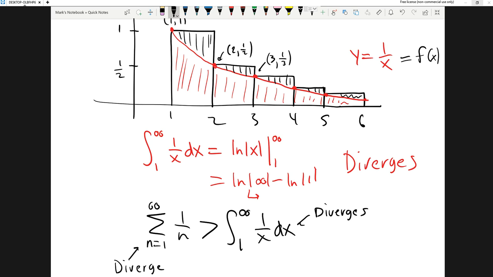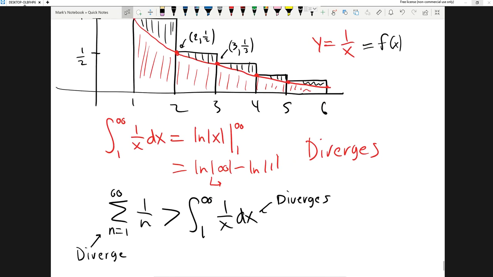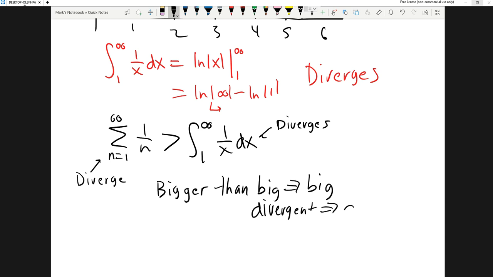In this case, it was very clear that the series had much larger area than the integral, and so we concluded, basically, using the same notion that we introduced earlier in the semester, that if you are bigger than something big, then you must be big, right? If you're bigger than something divergent, then you must diverge.